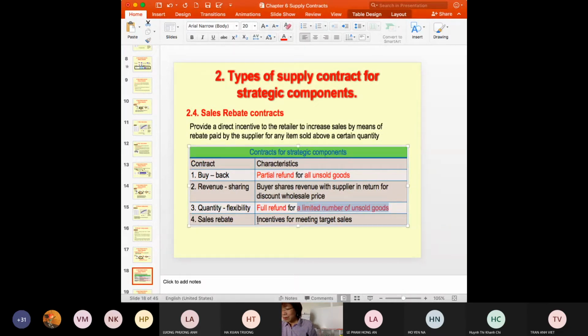So for example, if you sell less than 1,000 products, the price I sell to you is $5 each. If you sell 1,000 products, then I sell you each product for 4.5 dollars. It's good.